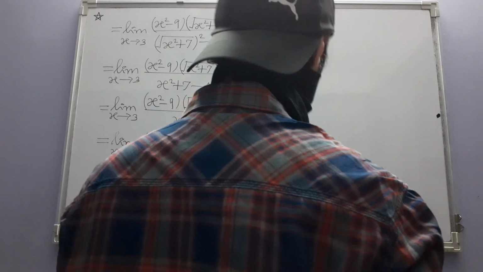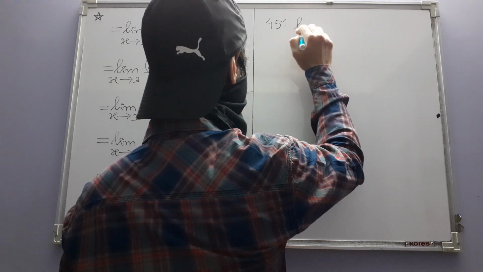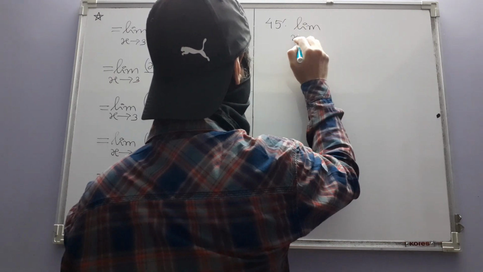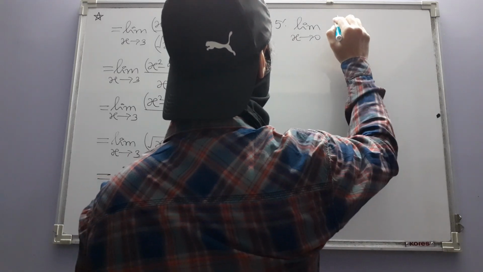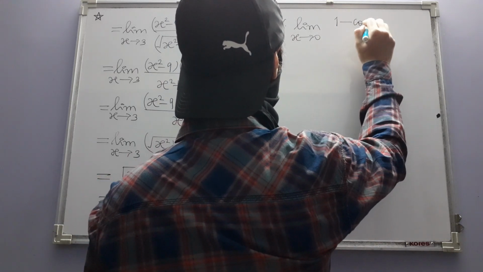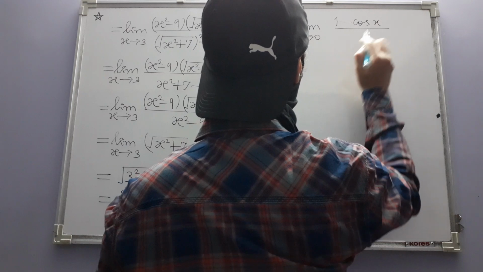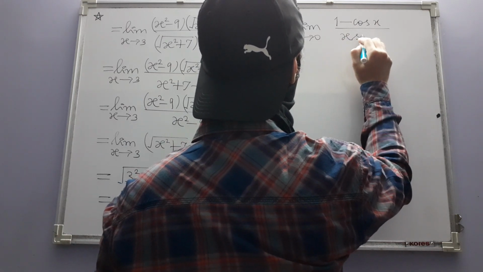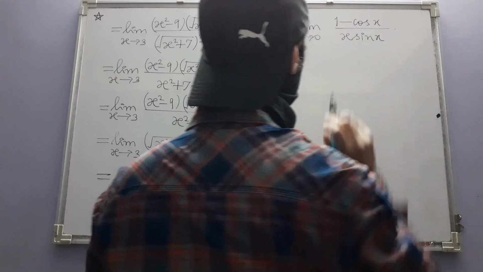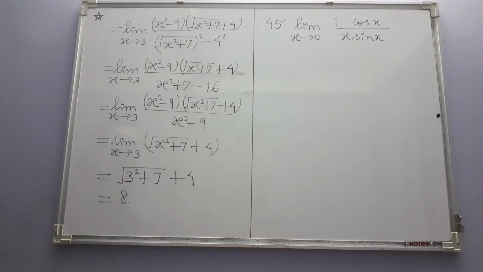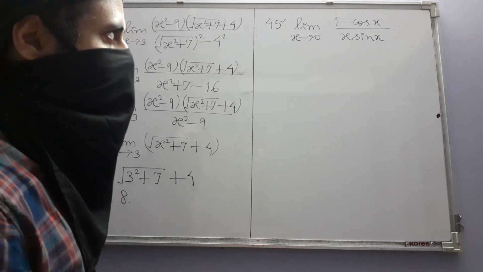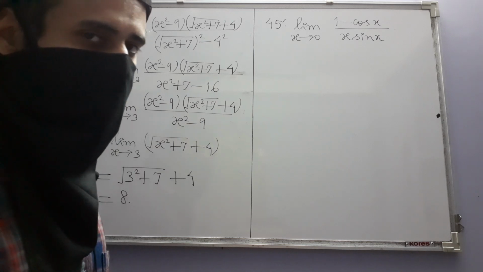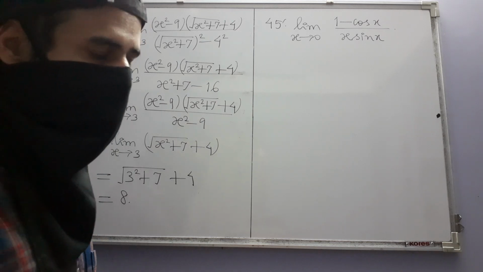Next we have 45. This one involves trigonometric functions. Now we will have to apply trigonometric identities that we have already come across in the section on trigonometry.